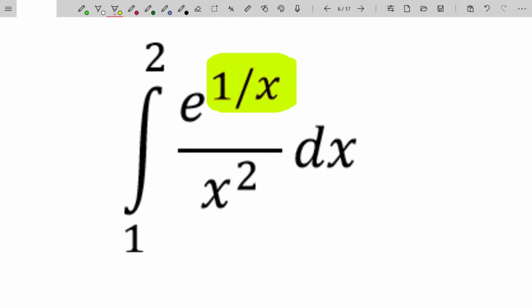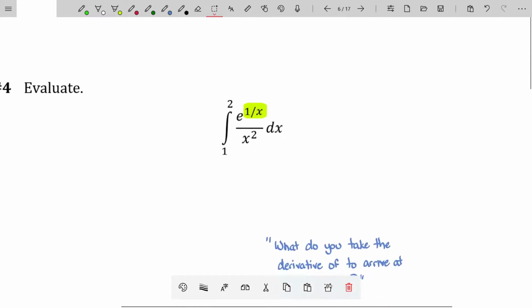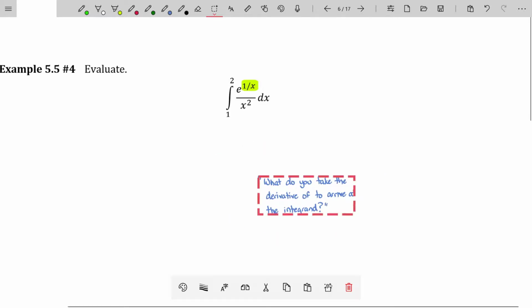I could ask, is the derivative of 1 over x roughly in this integral? Not that it is exactly in the integral, but is it roughly in there? Remember, you're asking yourself what you want to take the derivative of to arrive at that integrand, and in this case, we just don't know.